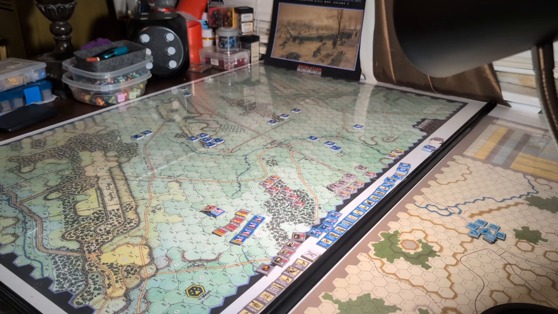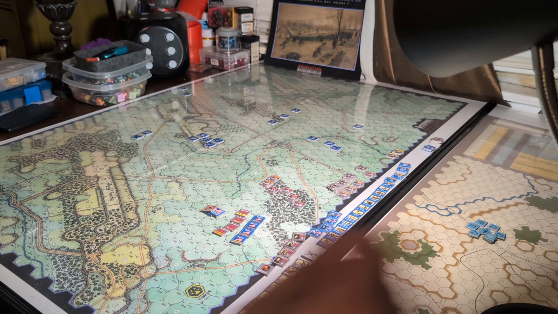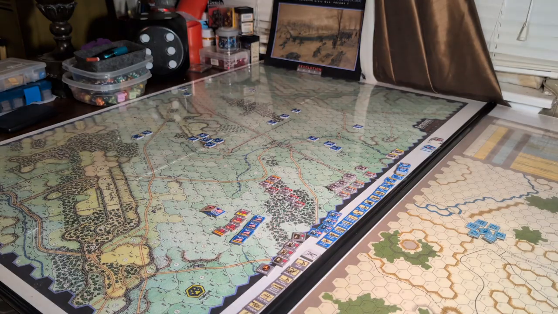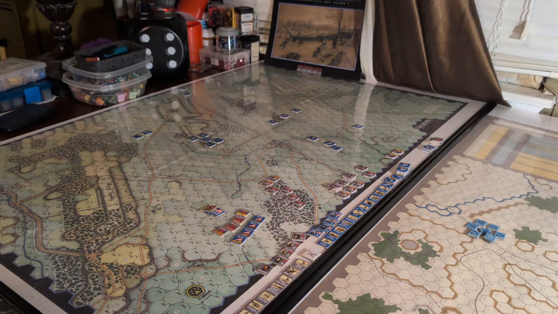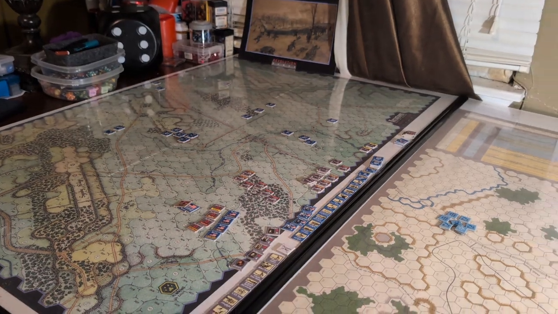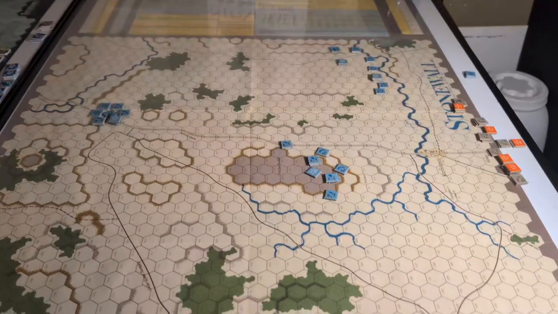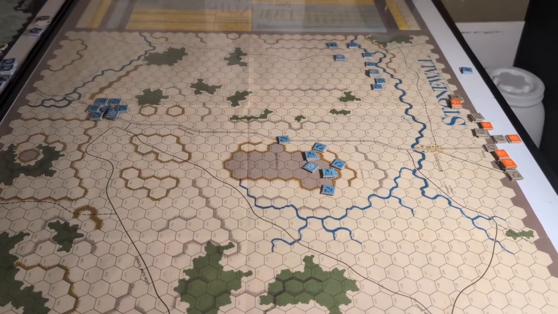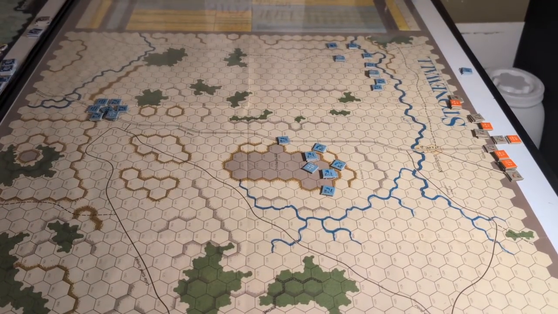And if we look at the SPI game, let me find the scale here.